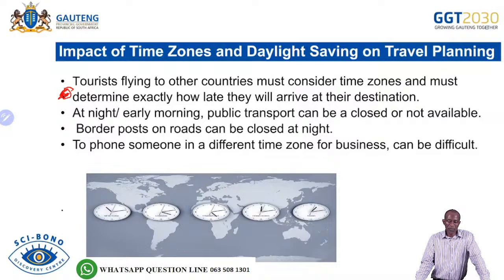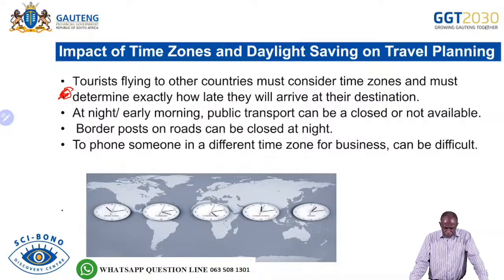The second impact is that at night or early morning, public transport can be closed or not available. So it is important for you to take such consideration. Are you going to arrive at night? Are you going to arrive early in the morning? What transport arrangement should you make in the absence of public transport?